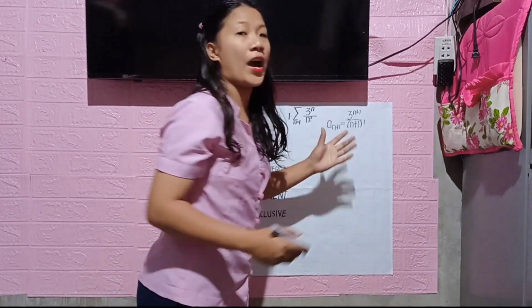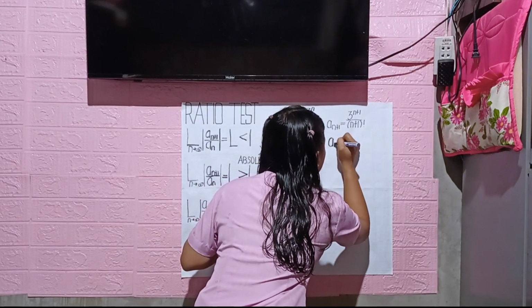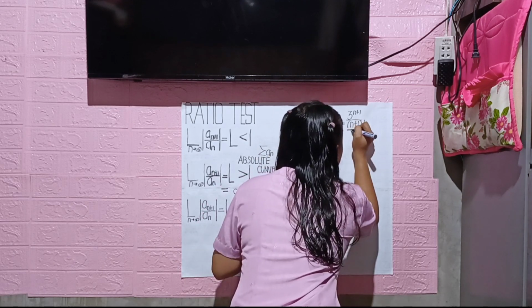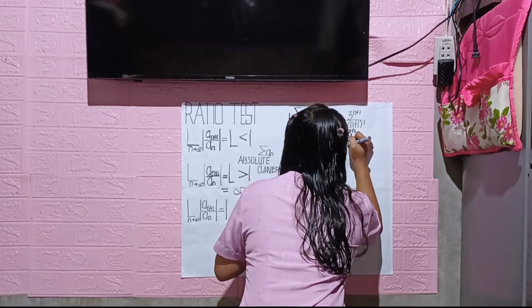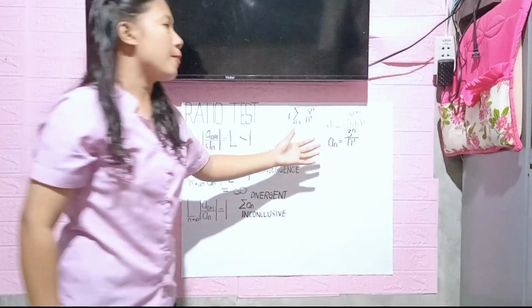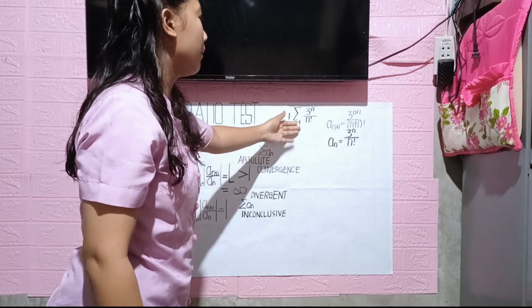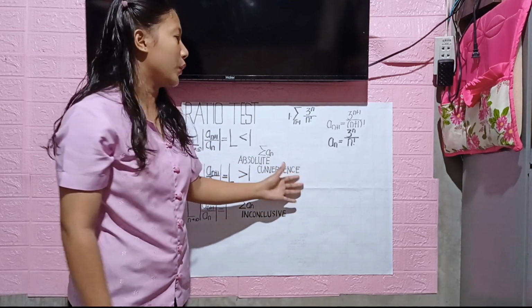Next, let's find our a sub n, which is the original. Then next, let's find the limit as n goes to infinity.